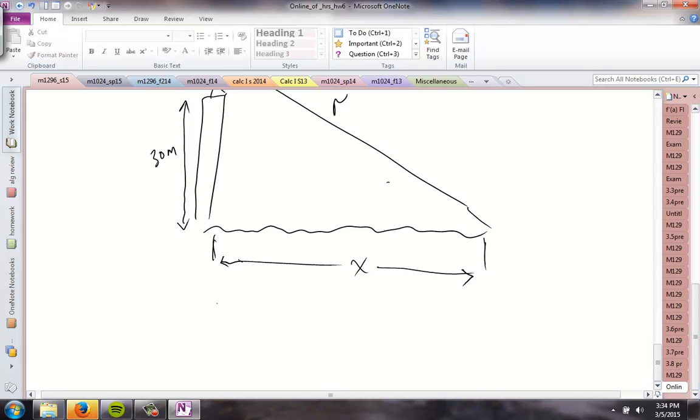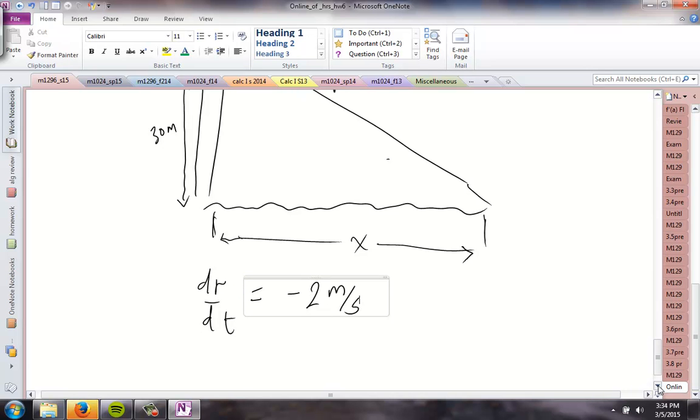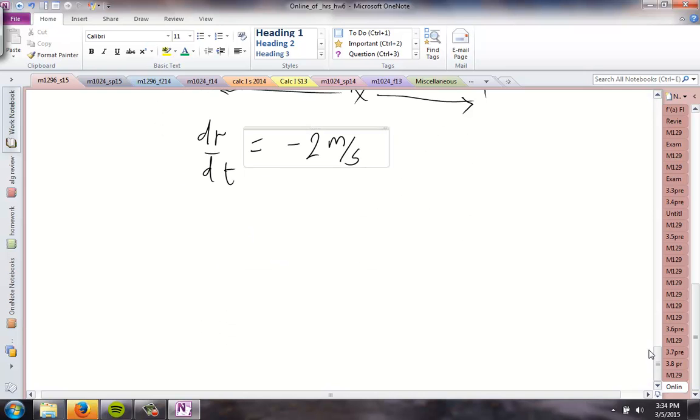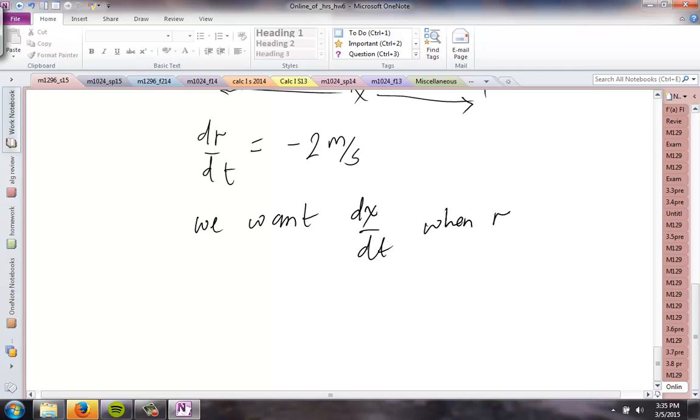So we're given that dr/dt here is negative 2 meters per second, and we want dx/dt when r is 50 meters.